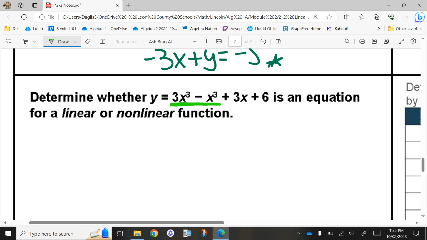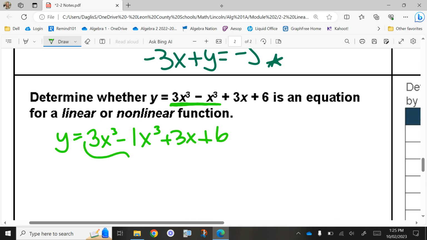What is that going to end up being? 2. How'd you get that? Because 3 minus 1, the 1 in front of the x. Technically, there is a 1 in front of this x to the power of 3. Good, Isaiah. So when you subtract those, that's where the 2 comes from. So we have 2x to the power of 3 plus 3x plus 6.